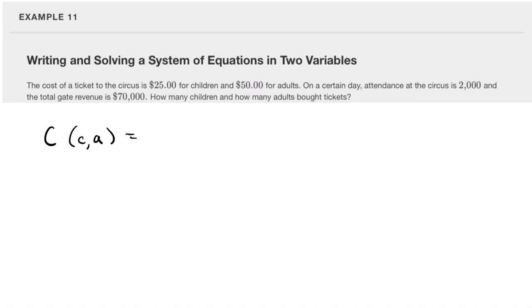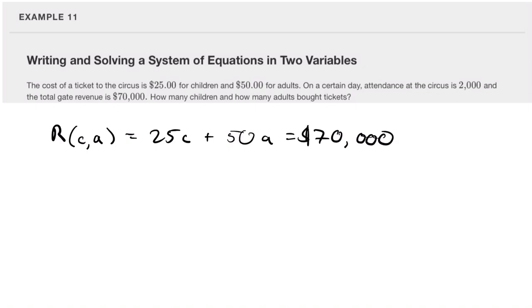Well, that's not our cost function. That's actually our revenue function, right? That's going to be the money generated. So it's $25 for each child plus $50 for each adult. So that's going to be our money generated. So the total revenue for that day is 70,000.